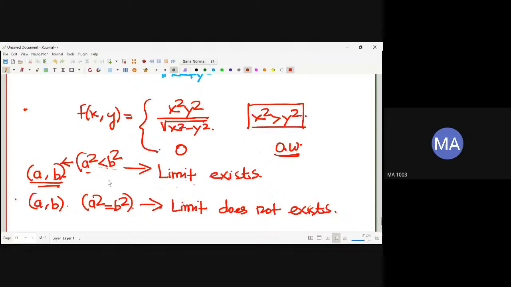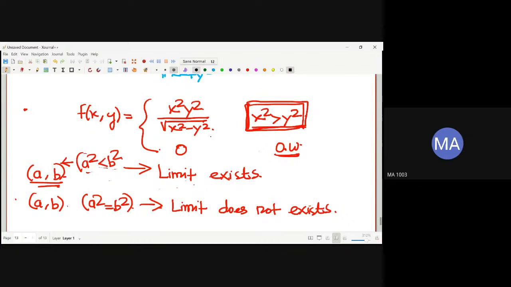Mostly the limit exists, because here the power in the numerator is 4, and below, if you take the square root, it is more or less degree 1.